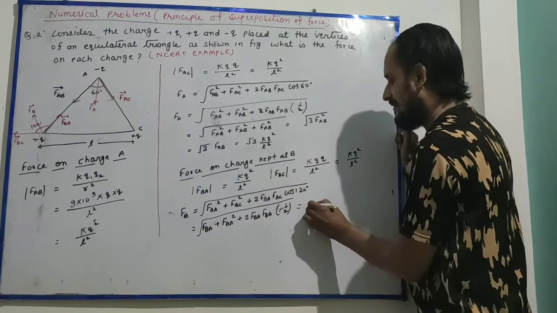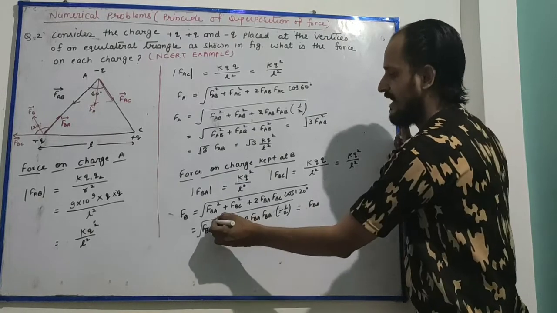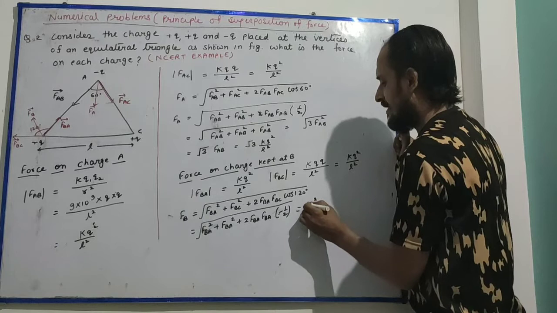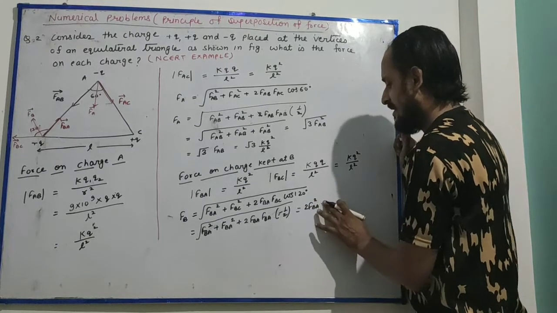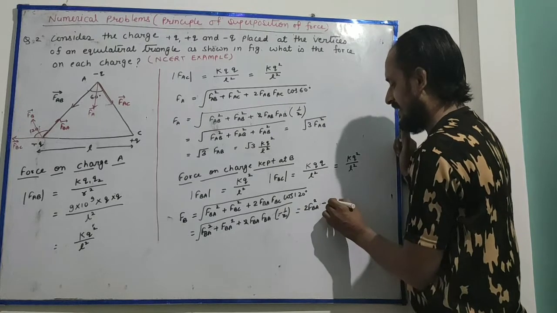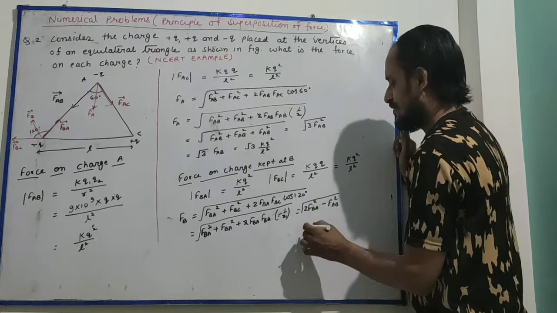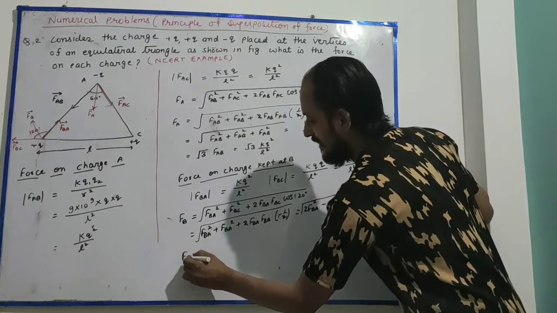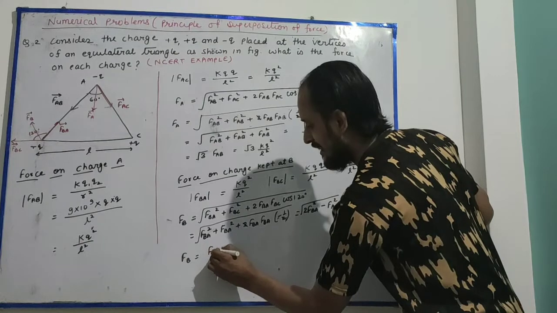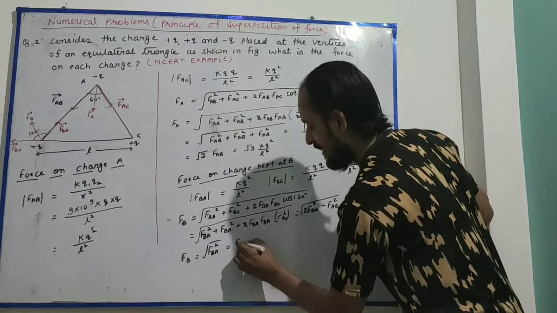If you solve it, FBA square plus FBA square, 2 FBA square, and this 2 will cancel and this minus sign would carry here, minus FBA square, all under the root. So if you solve it, FB, the resultant force on B, is equal to the square root of FBA square, or equal to FBA.